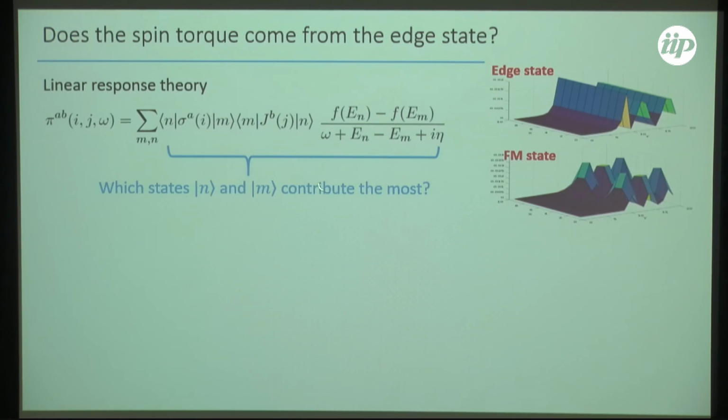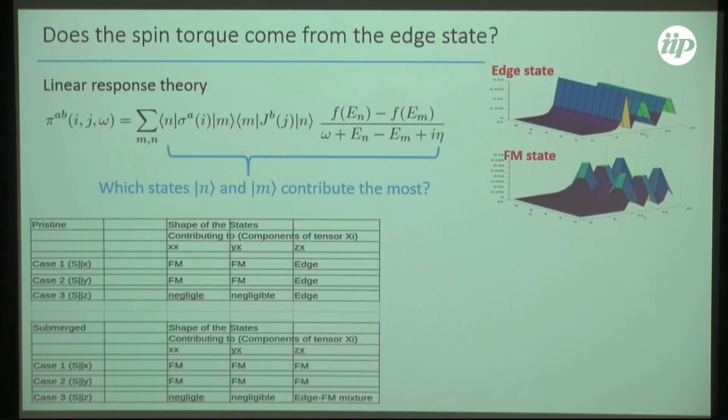If this state has a wave function profile that looks like this, then I know that this is the edge state. If the wave function profile looks rather like this, with oscillating behavior in both x and y direction, then I know that this is a state contributing from the ferromagnet.